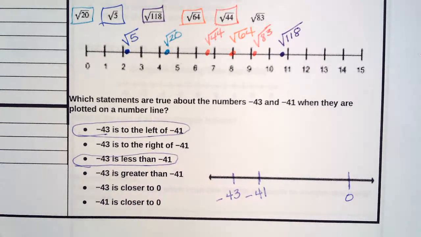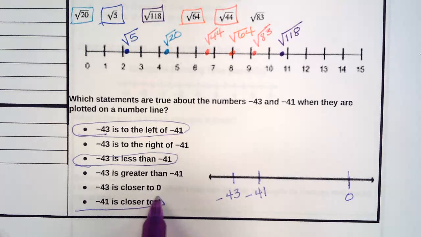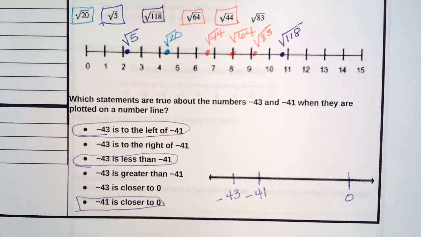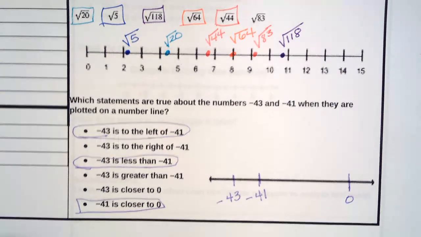Well, if it's less than negative 41, then it cannot be greater than negative 41. Is negative 43 closer to 0? No. Negative 41 is closer to 0. So make sure you draw those pictures to help yourself when we're looking at those kinds of integer concepts.